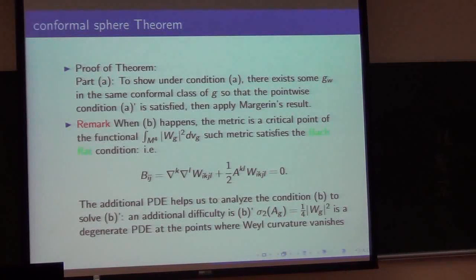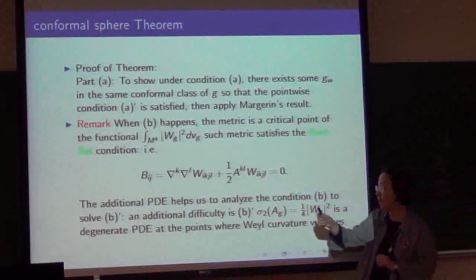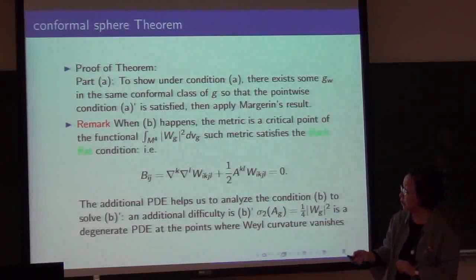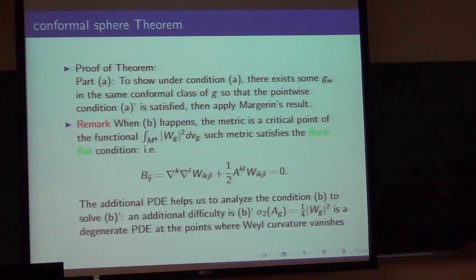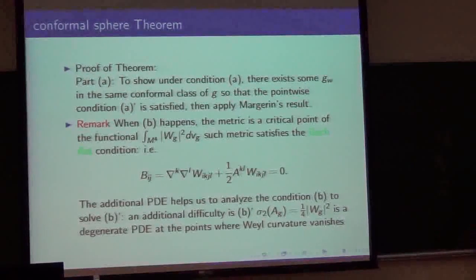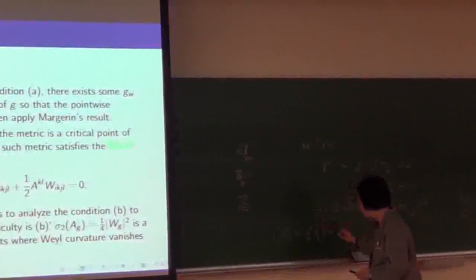I already described the proof. The first part is, under this conformal invariant condition, to move the metric to a pointwise position and then apply Margerin's theorem. But the second part of the proof is a bit delicate, so let me describe that. In the second part, we begin to hit the condition where the integration of sigma 2 is equal to 1/4 Weyl squared.